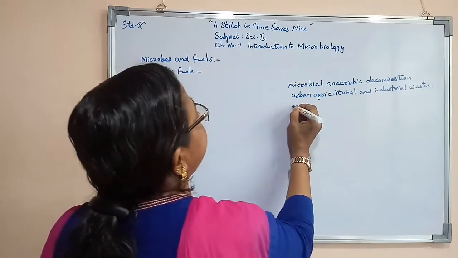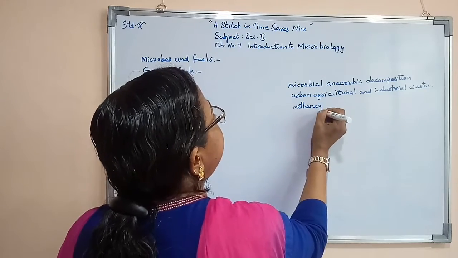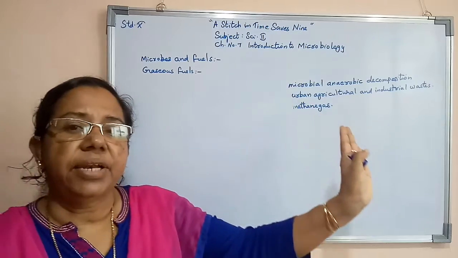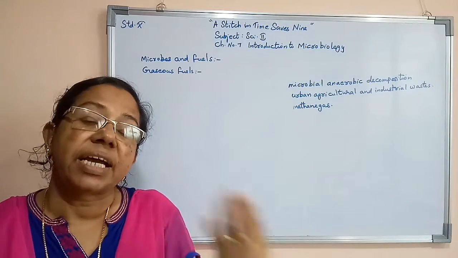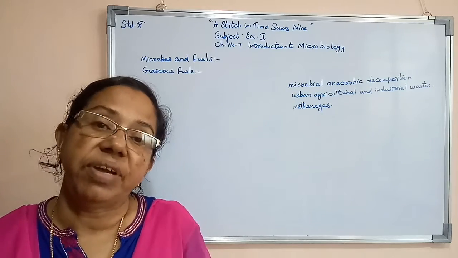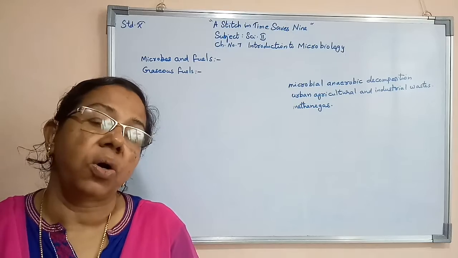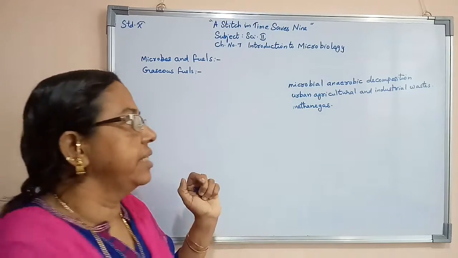That gas is known as methane gas. Methane gas is a fuel. So we can say that as a result of microbial decomposition of urban agricultural waste as well as industrial waste, a gas is produced by microorganisms. That gas is known as methane gas. It is a fuel.